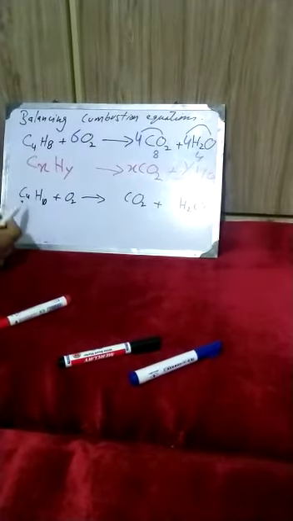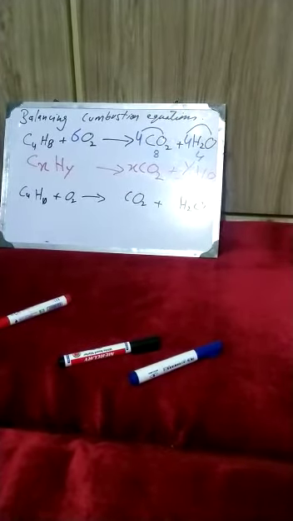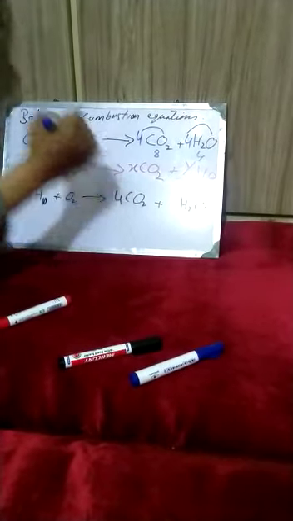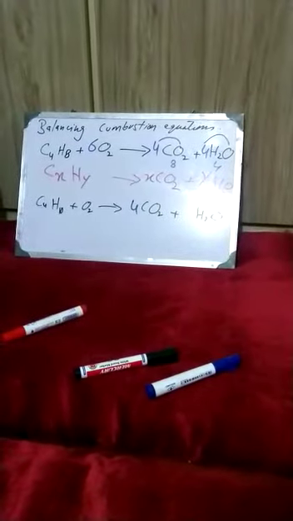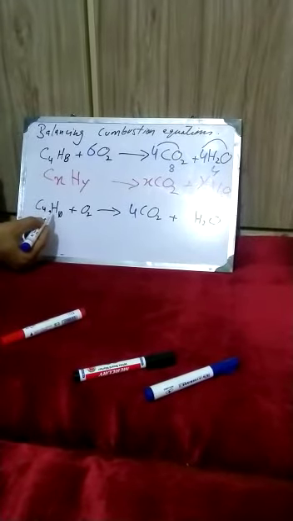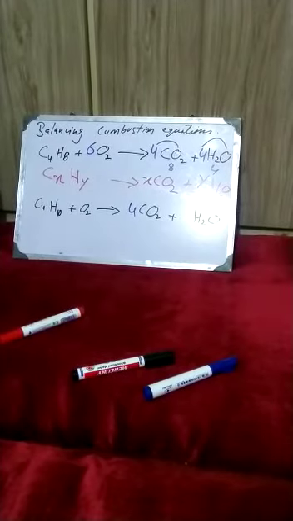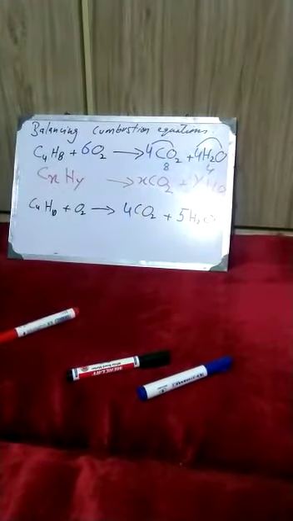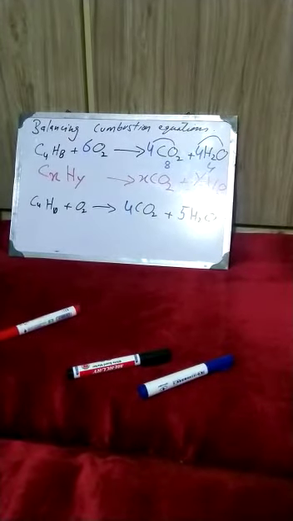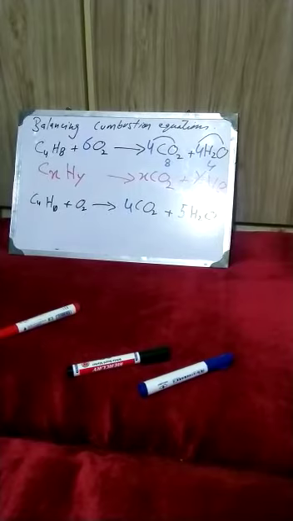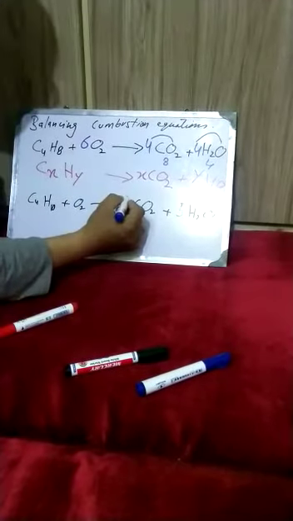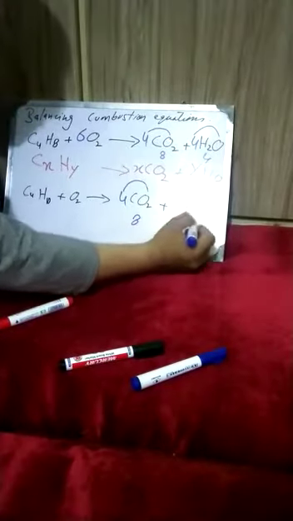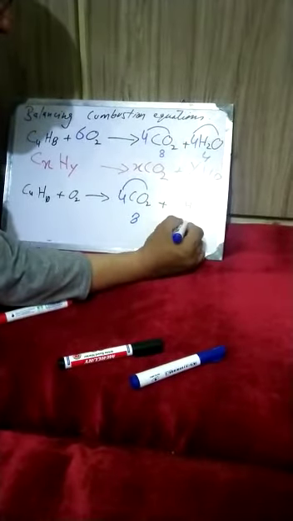Now taking into consideration the example of butane. 4 carbon, we will write 4. Now 10 hydrogen atoms, which means we have to write half of it, 5 water molecules. Now count the number of oxygen atoms on the right side of the arrow. 4 twos are 8, and there are 5 oxygen atoms in water.